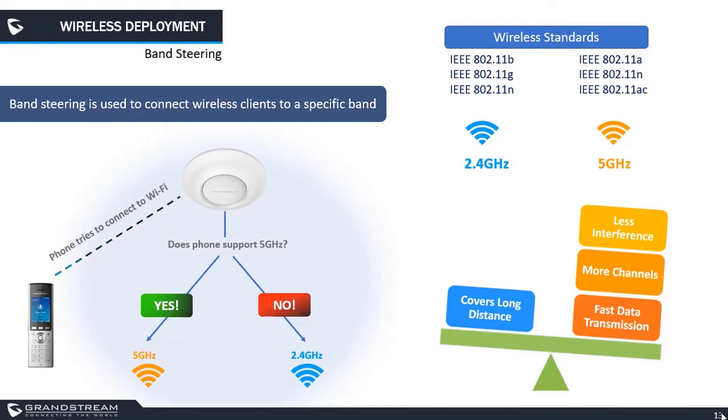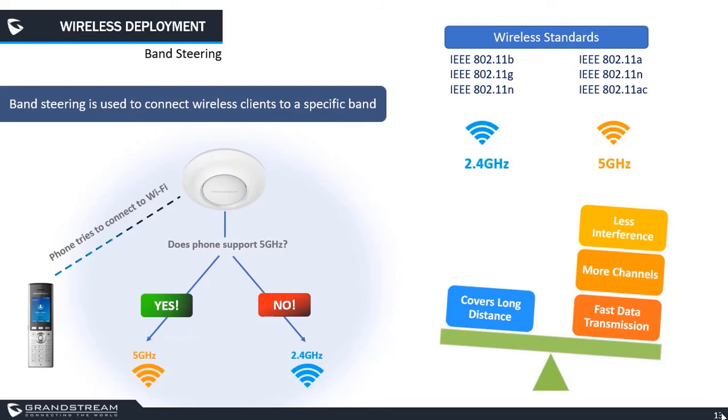Or you can just tell the AP to load balance between the two bands.